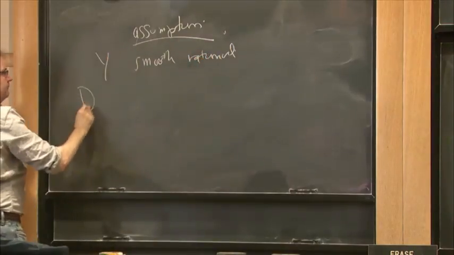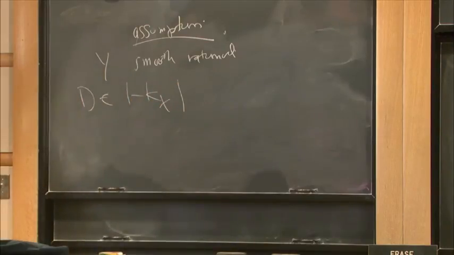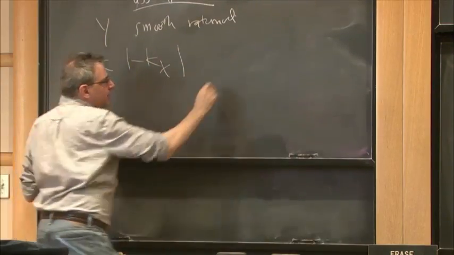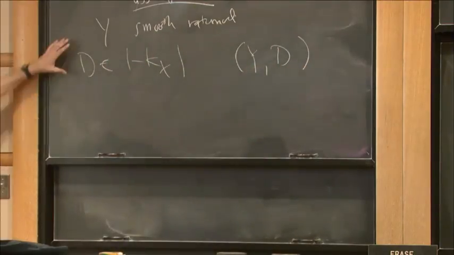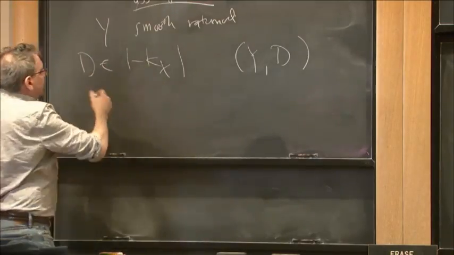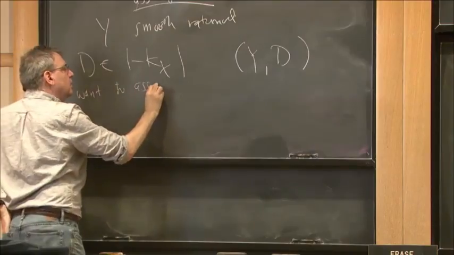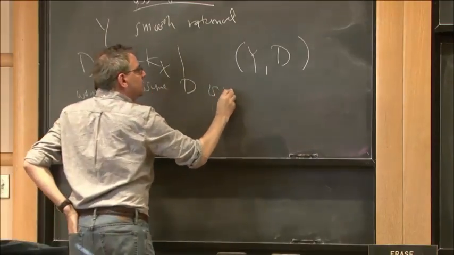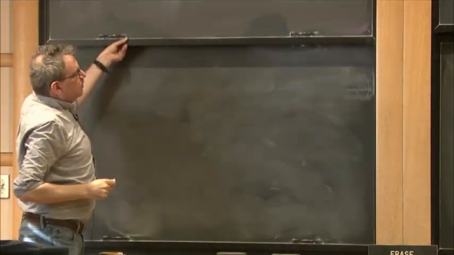And I want minus K_Y to be effective. So in fact, I'm going to look at pairs (Y, D), where I pick a smooth rational surface and I take a section D from minus K. And in addition, I want to assume D is reduced. Again, that's a fairly reasonable geometric assumption.